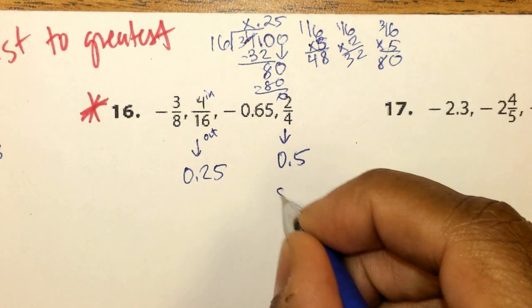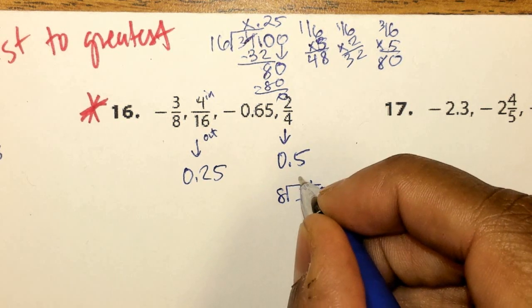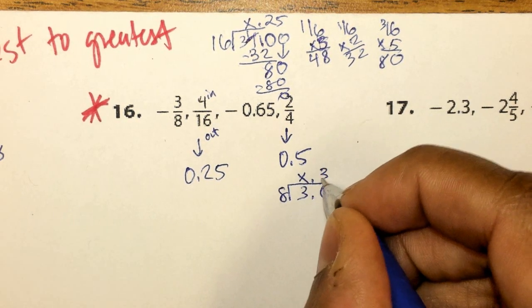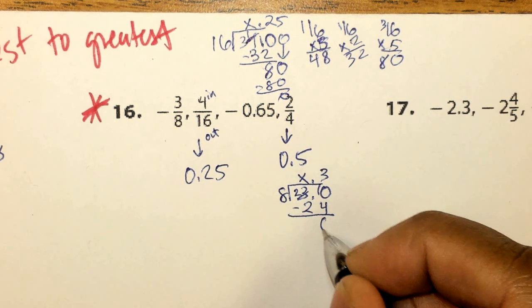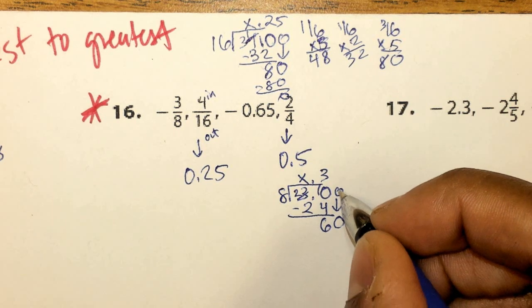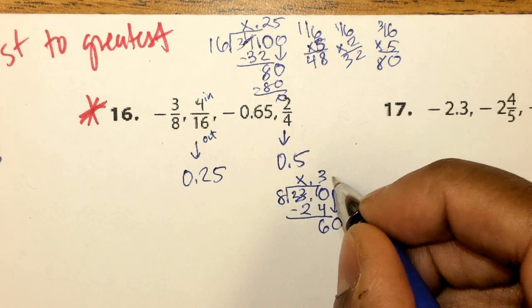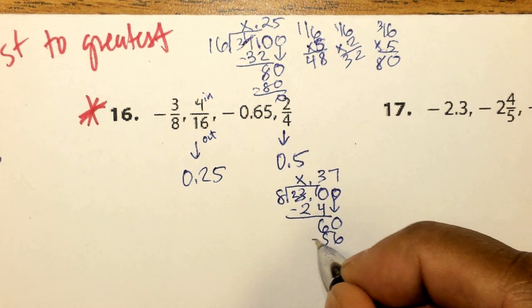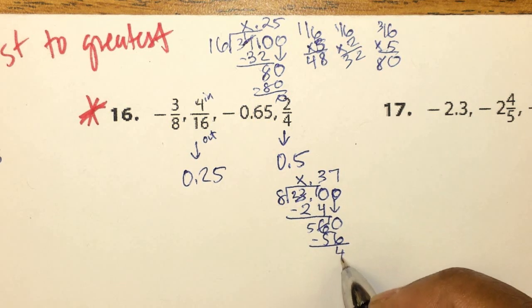Now 3/8, we can do 3/8 also. Add your decimal point, keep going. 8 can't go into 3. It can go into 30 at least 3 times. 30 minus 24 is 6. Bring down your placeholder, your trailing 0. The most that 8 can go into 60 is 7 times, with 56. 60 minus 56 is 4.